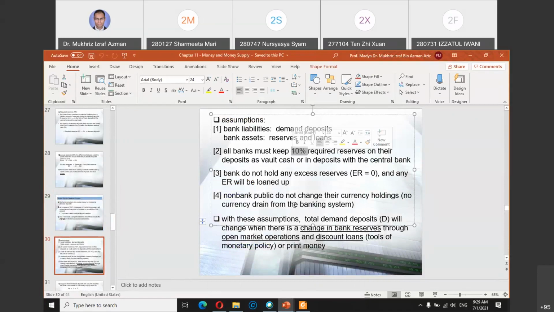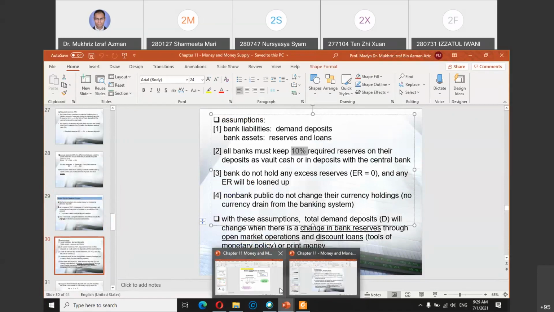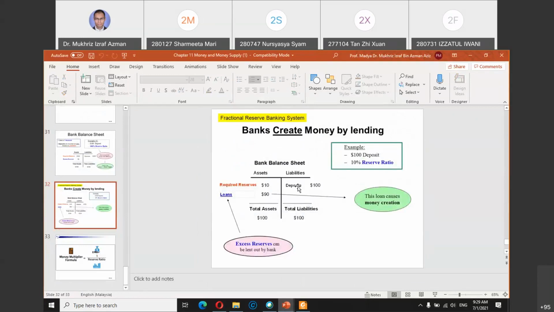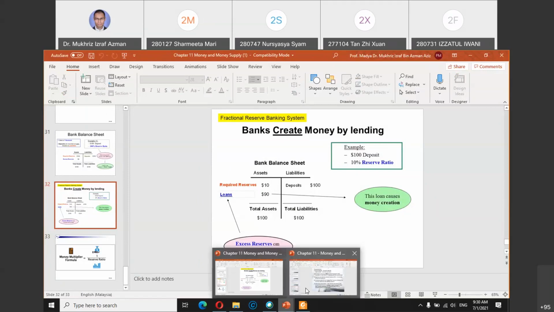Assuming this is 100 ringgit or $100, a 10% reserve ratio means required reserve is $10. So this $10 must be kept either in the peti besi, in the vault, or in the central bank itself. The remaining 90 is what we call excess reserve, which the bank can lend out to the customers, give as loans. So that is what this statement means.